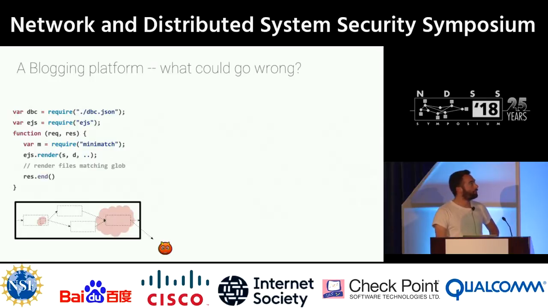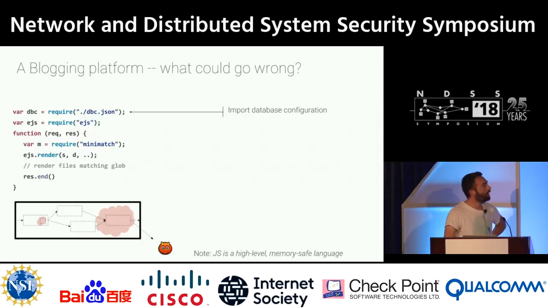Let me explain this with an example. So here I have a blogging platform, the idea of a blogging platform written in JavaScript, which is essentially a function that takes request objects and populates response objects. Our developer here has imported, this is in JavaScript, a few packages. First, the database configuration file, which is private sensitive data, EJS for template rendering, and Minimatch, which is a small matching library.